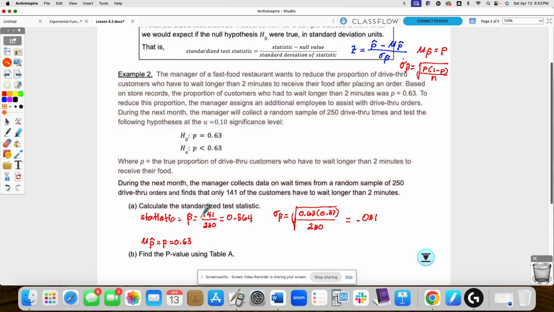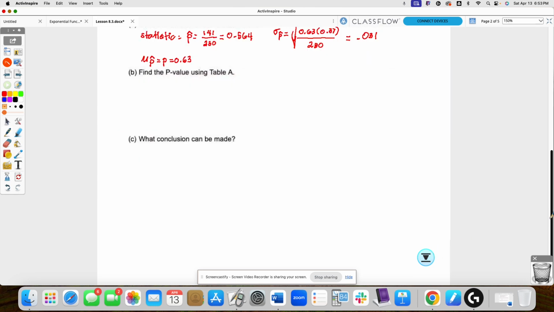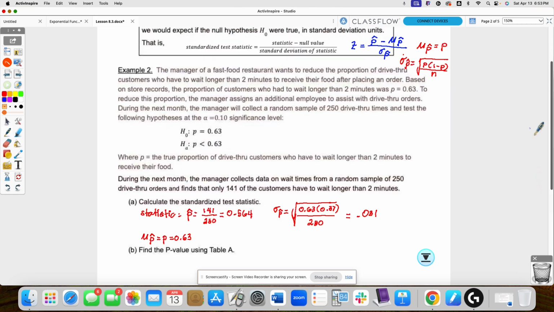Okay, so we calculate the z. We're not done yet. Okay, so our z is equal to the p hat.